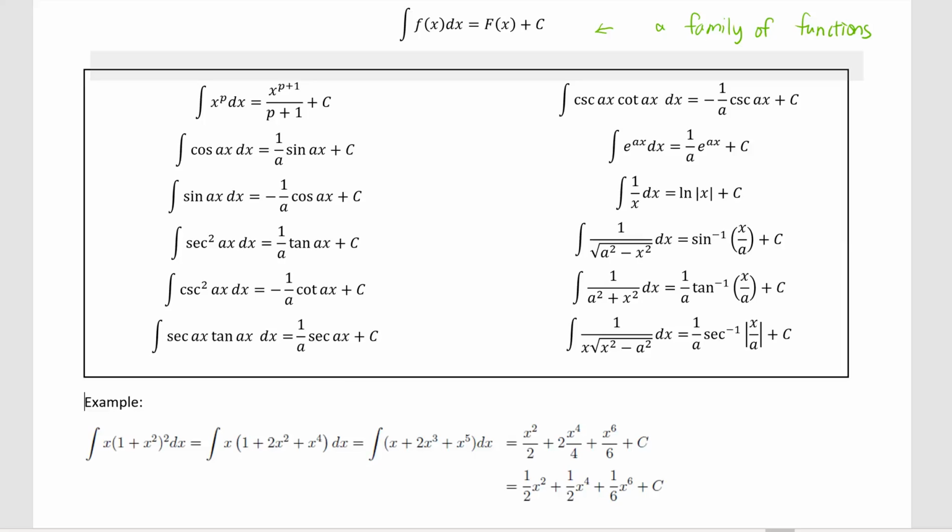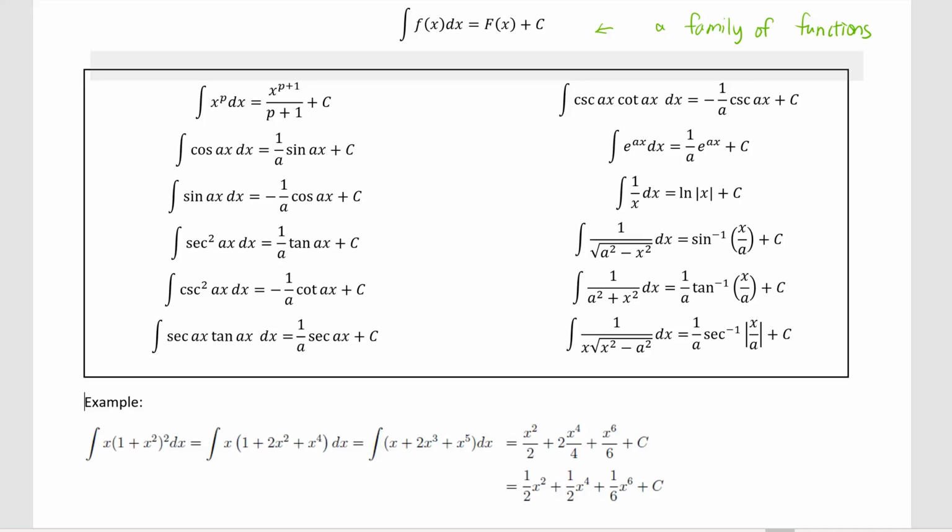The integral of secant squared is tangent, but you multiply by 1 over a in front. The integral of cosecant squared is negative cotangent. The integral of secant tangent is secant. The integral of cosecant cotangent is negative cosecant. The integral of e to the ax is e to the ax divided by a. The integral of 1 over x equals ln of the absolute value of x plus c.